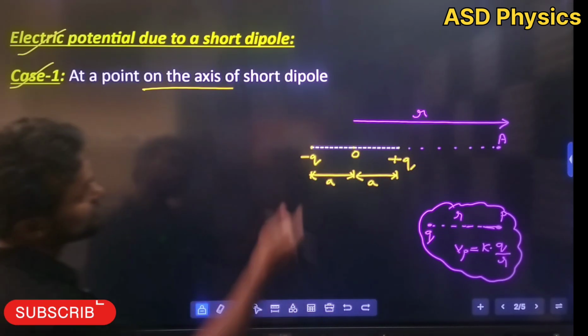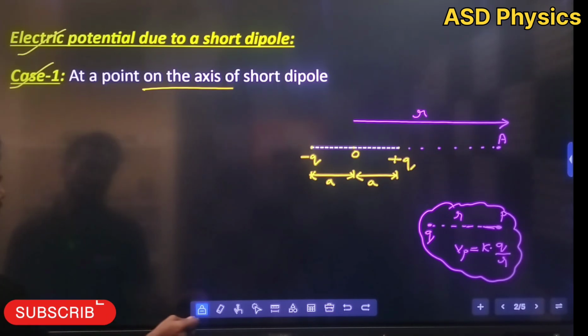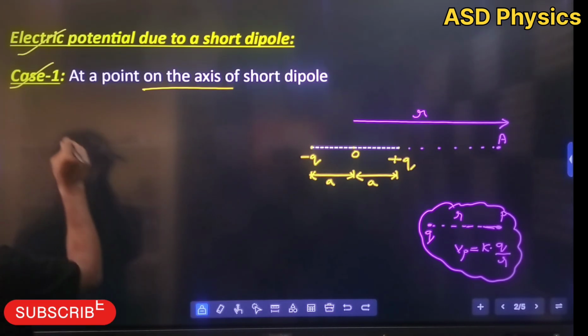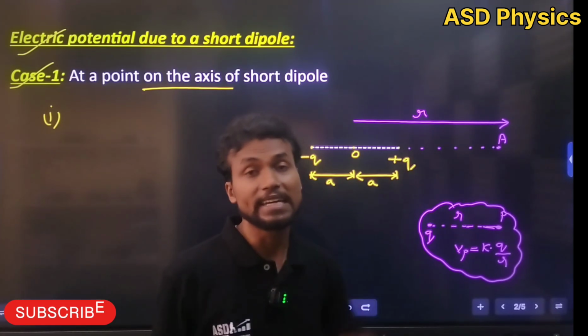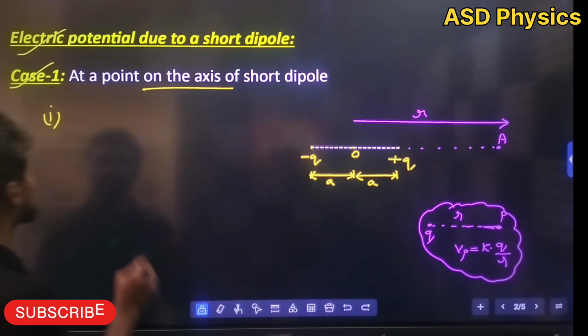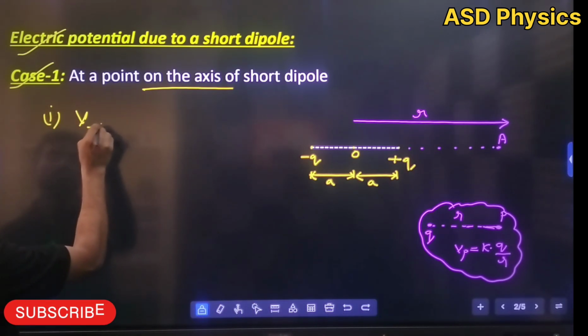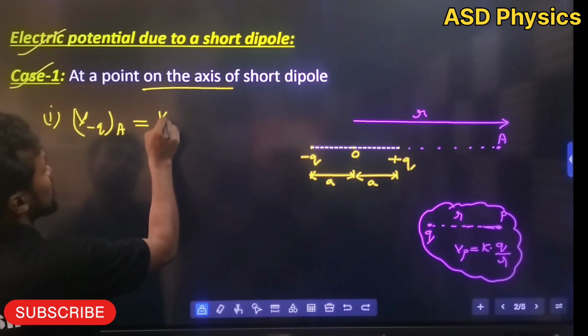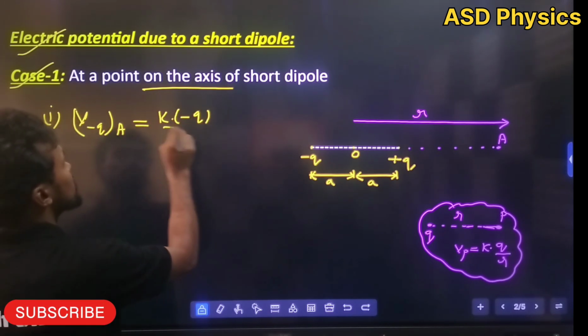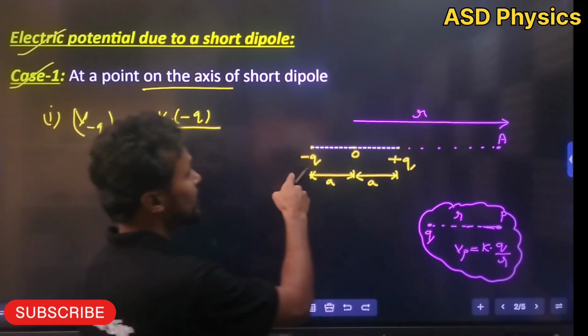So let's start. First, we are going to find the potential at point A due to charge minus Q, which is given by K into minus Q, and can you see the distance between minus Q and A?